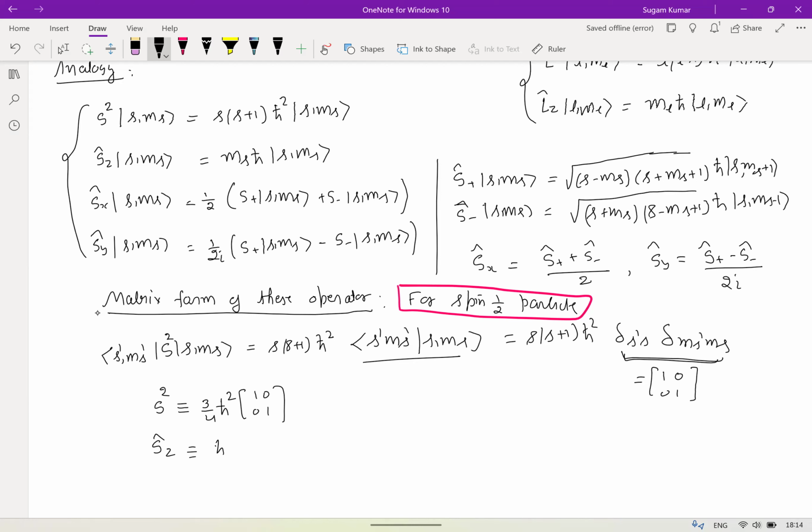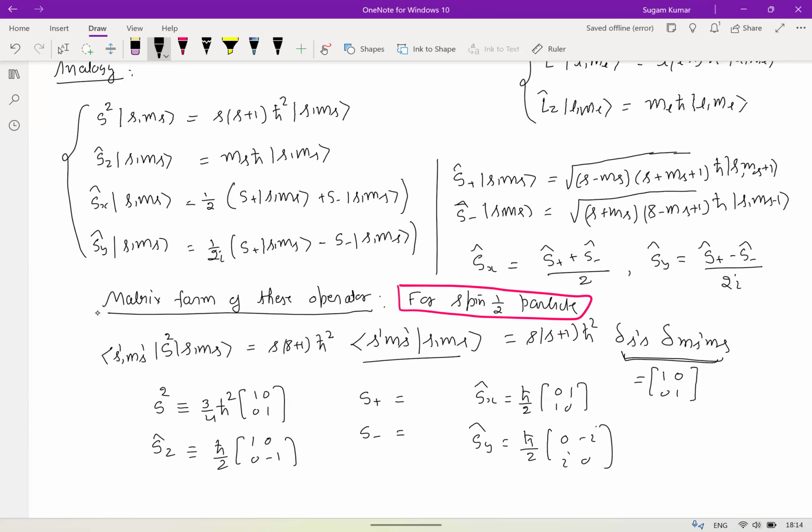That is going to be ħ by 2 times 1, 0, 0, minus 1. And similarly for S plus, similarly for S negative, and from there you can find out the Sx also. So Sx is going to be ħ by 2 times 0, 1, 1, 0, and Sy will be ħ by 2 times 0, minus i, i, 0.